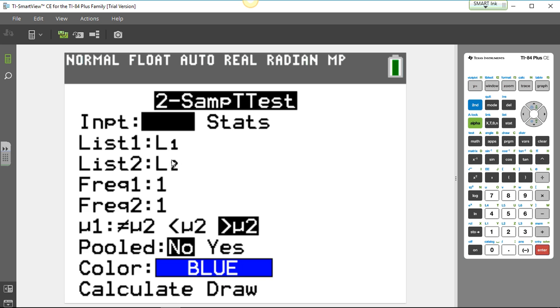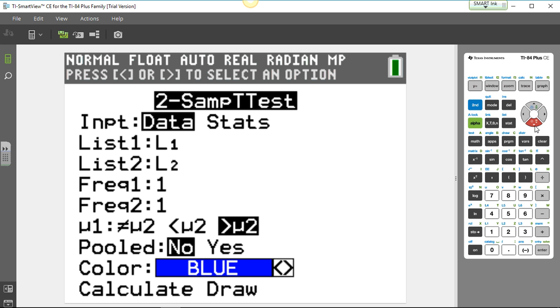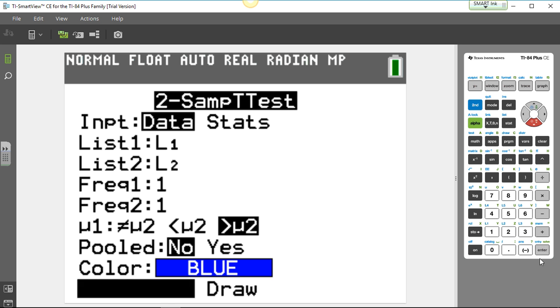Are they in the appropriate spots where they need to be? Yeah, they are. What sign are we actually using here? Greater than. So it's already picked for us. mu1 is greater than mu2, right? Are we pooling? No. Remember, again, for the scope of this class, we're not going to worry about pooling, so we're always going to say no to it, and we're going to quickly calculate.